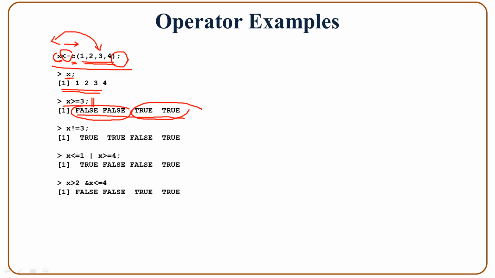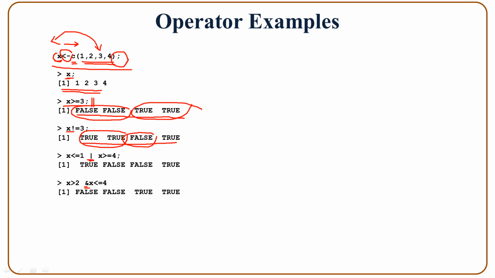Similarly, if you type in X not equal to 3 and enter, then it returns a logical vector containing true and false values, and you see true where the elements actually meet the condition and false otherwise. You can combine conditions using OR, like this.